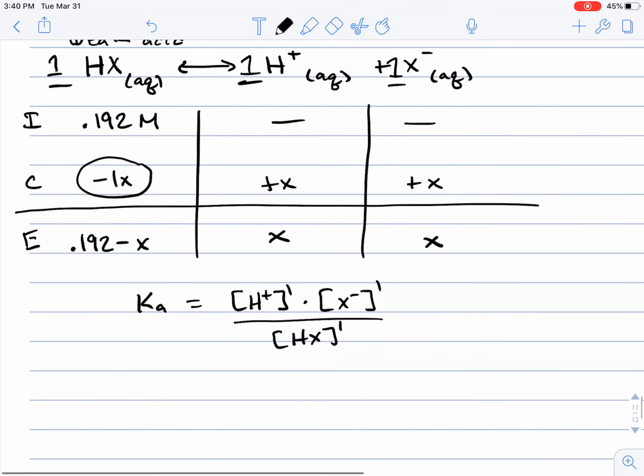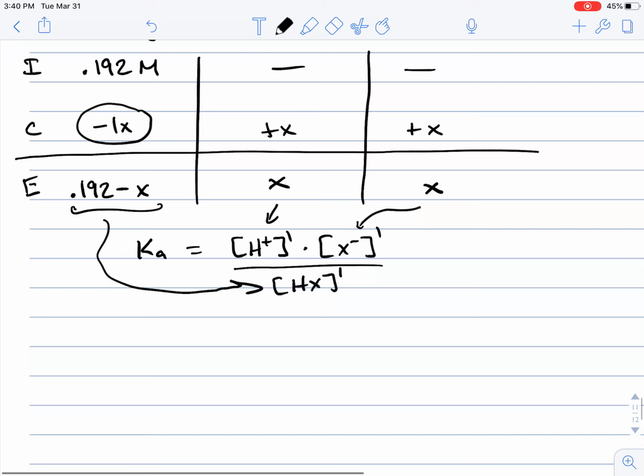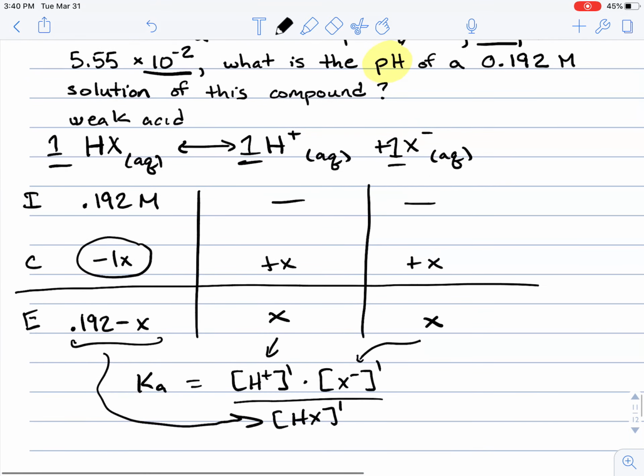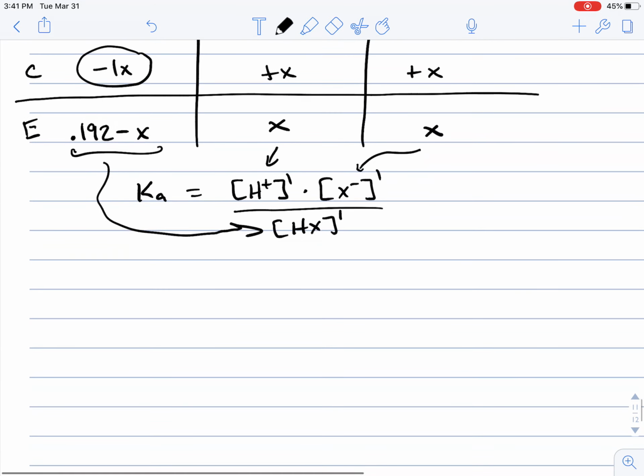Once again, they're all raised to the first power because the coefficients are 1, 1, 1. So now we can go ahead and just plug in the equilibrium expressions into the mass action expression such that Ka, which is 5.55 times 10 to the negative 2, is going to equal x times x, which is x squared, over 0.192 minus x.